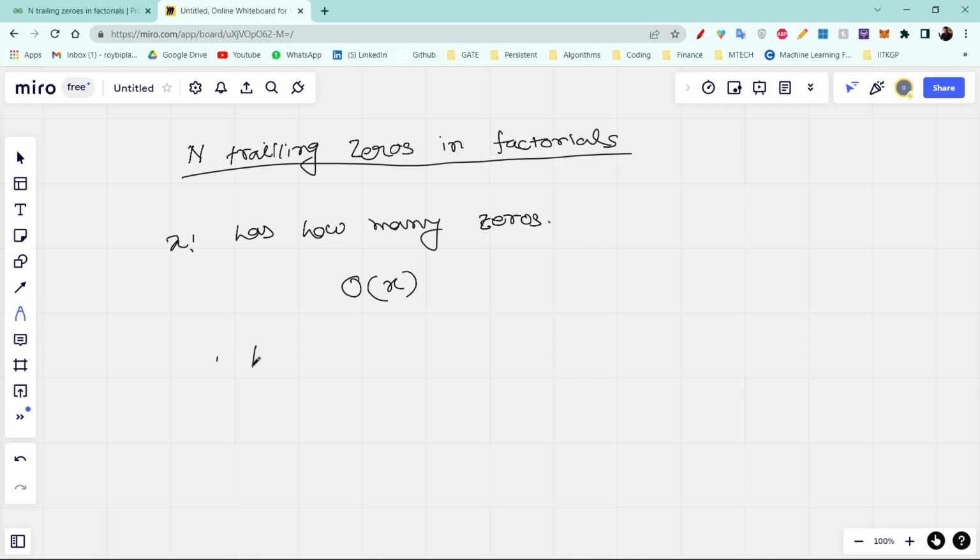So how we can do that? Let's take an example of 100 factorial. How many zeros do we have in 100 factorial? For calculating that, in number system we have a way, that is keep dividing 100 by 5, you will get 20. Now divide it again until you get 1 or 0. 4. Now again 4 by 5, it will be 0 if we do integer division.